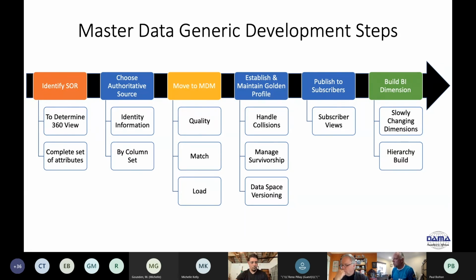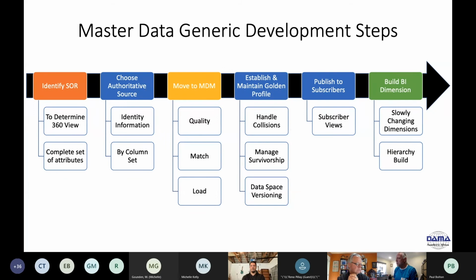And that's almost the business key that we will use to recognize and handle the matching and merging and aspects like that in the golden profile. And then we would go by column set or groups of columns to say, well, again, which system of record will be the authoritative source.